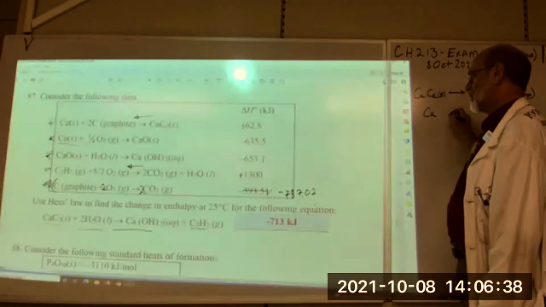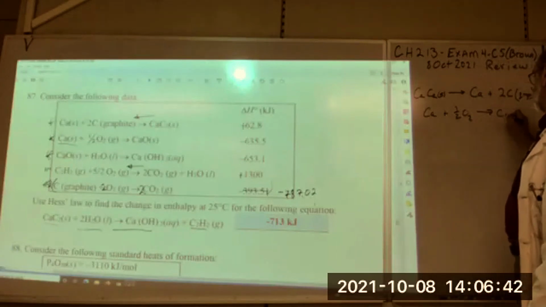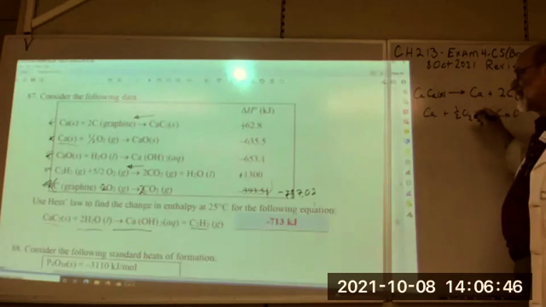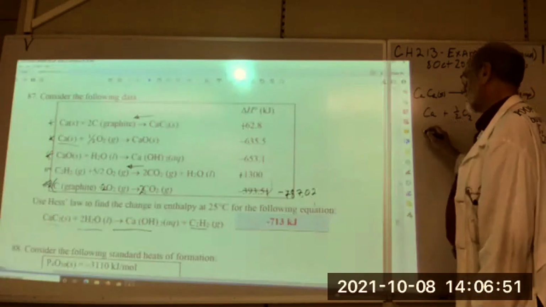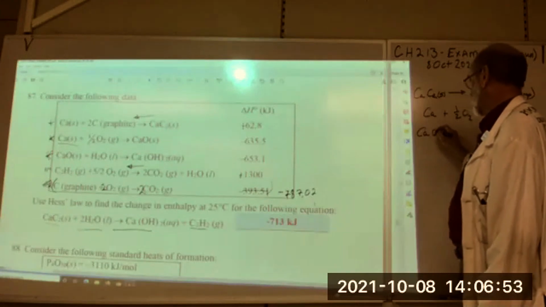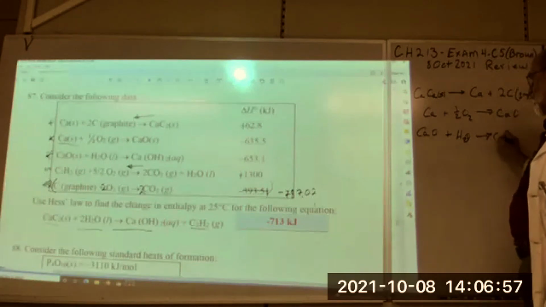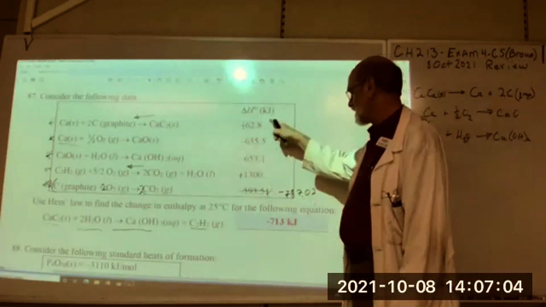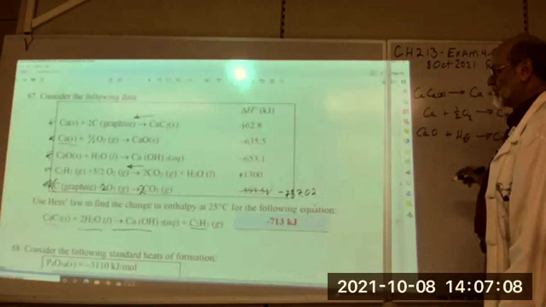Calcium plus a half oxygen yields calcium oxide. And then the third one is as is: calcium oxide plus water yields calcium hydroxide. And we only changed the signs here. We didn't have to change the amount there because we multiply by a constant.